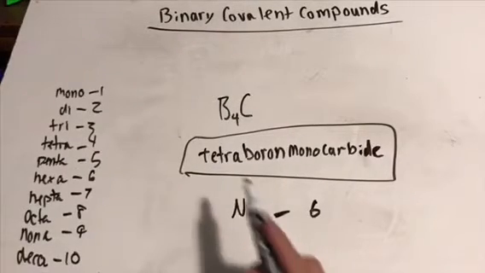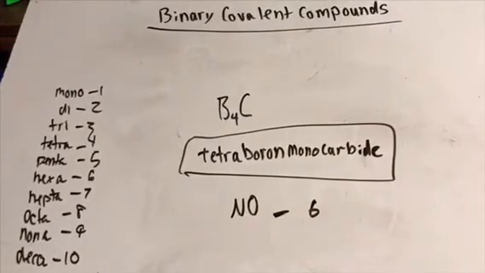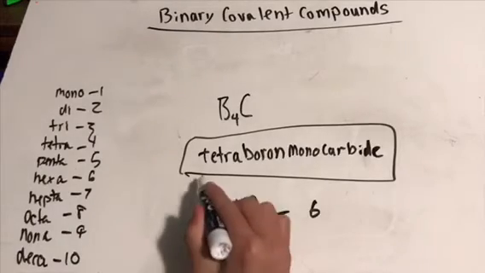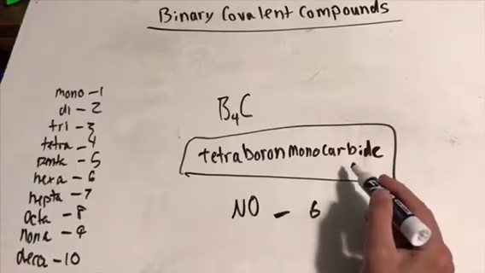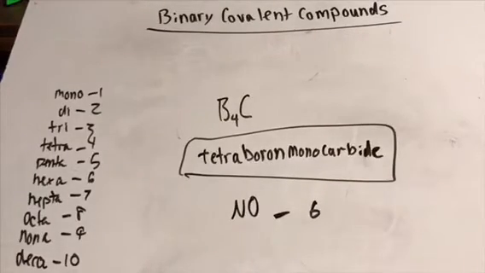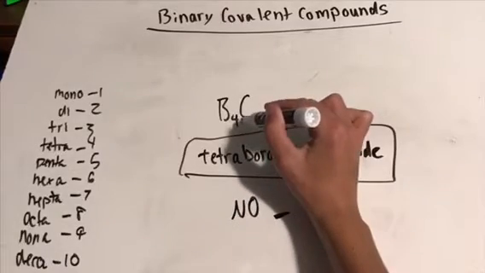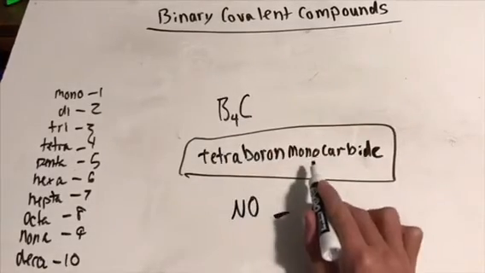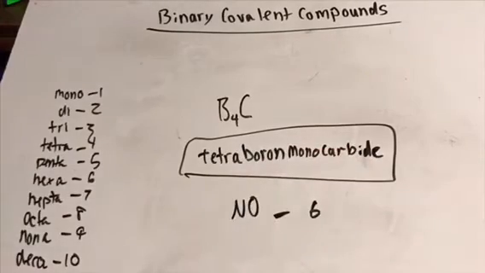What you have to do is look at the name, and you can figure out what the formula would be. I'll show you real quick. Tetraboron monocarbide: tetra is 4, that means boron would have a 4, and mono is 1, so carbon would just be 1.